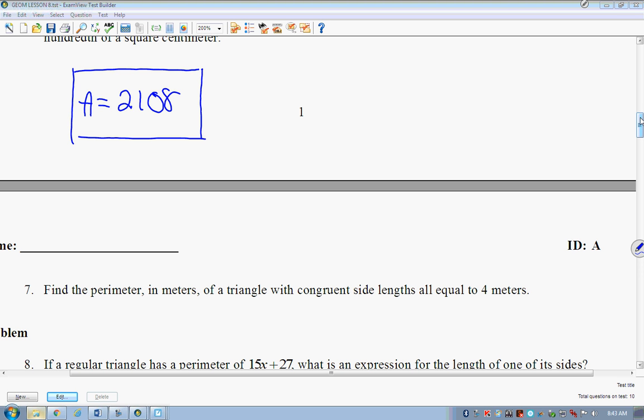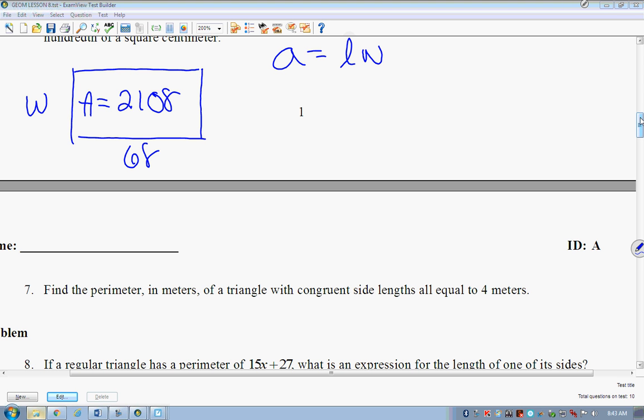What else do I know? I know one of the dimensions. The length is 68 feet. What are we actually trying to solve for? The width. What formula would I use? Area equals length times width. Can I substitute any numbers in for any of those values?